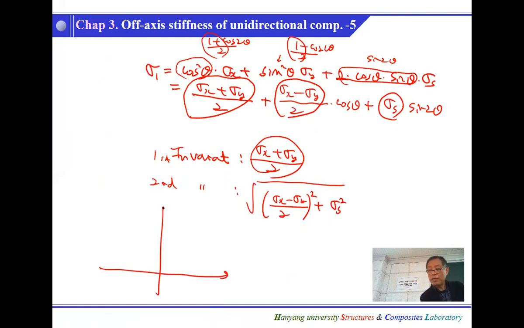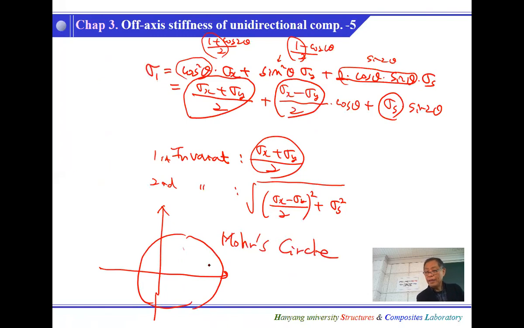Well, if we go back to the Mohr circle, we always have this circle. We have this diameter, and then we rotate by 2 theta.